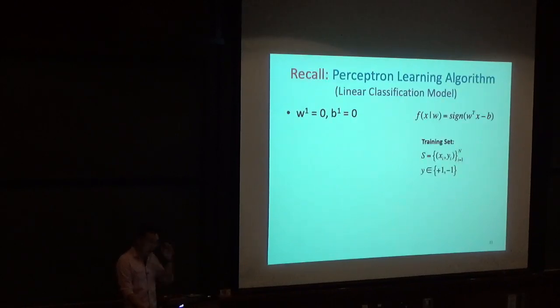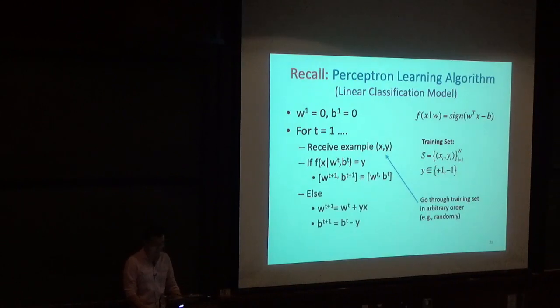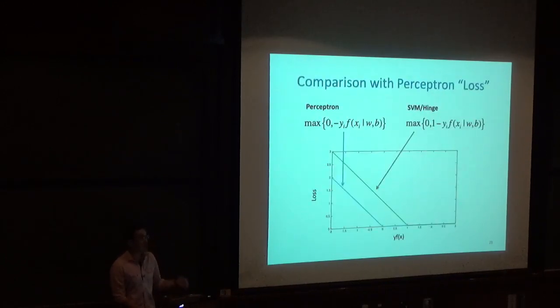Okay, so I wanted to just touch on the perceptron algorithm again now that we've seen the hinge loss. This is the perceptron algorithm that we've seen before. At the end of the last lecture, we deduced a loss function that this algorithm is implicitly optimizing, and that's the perceptron loss right here.